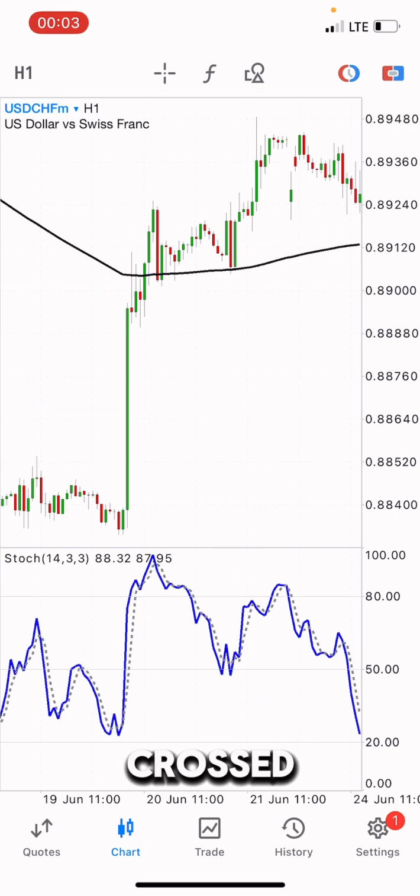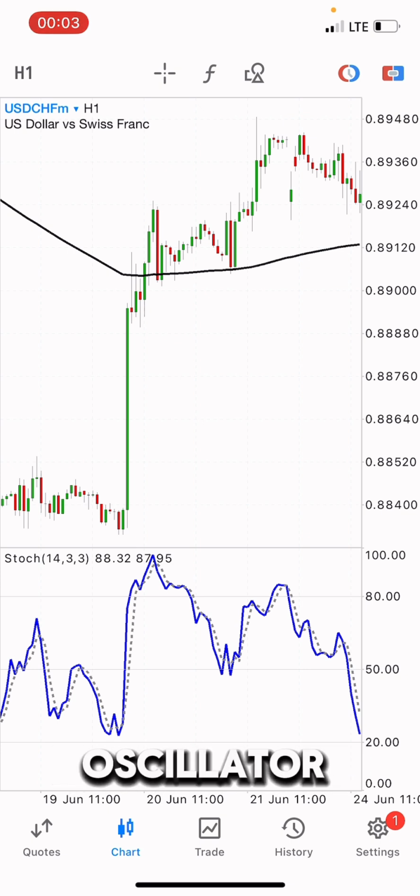Since the market crossed here, we'll be looking at our stochastic oscillator for a divergence. What is a divergence? A divergence is when price is giving higher highs or higher lows on the chart, and the stochastic oscillator is giving you a totally different movement.